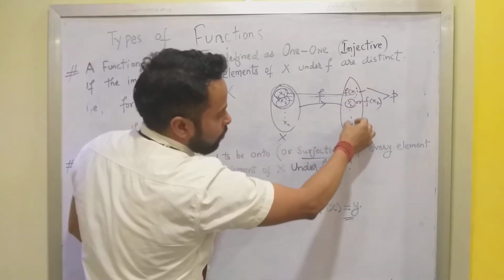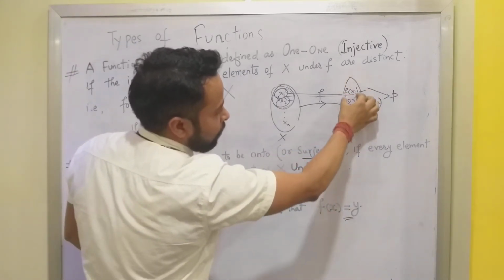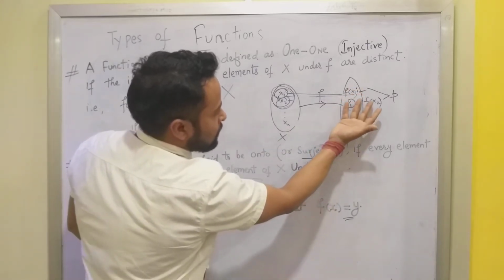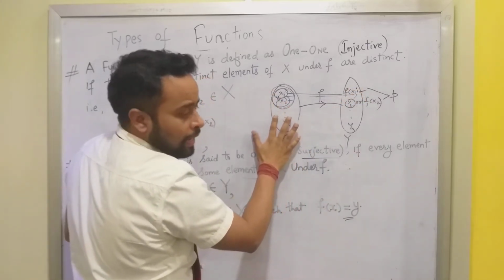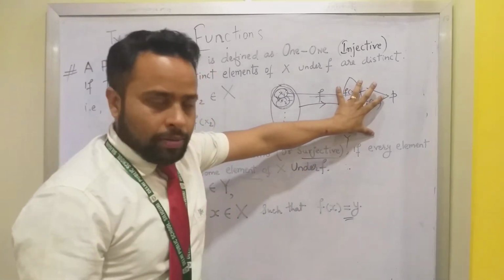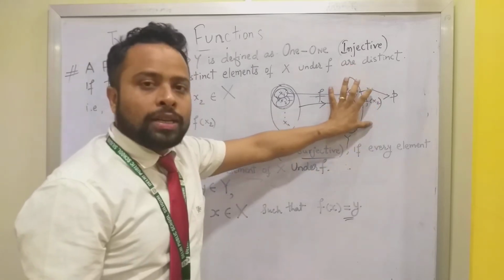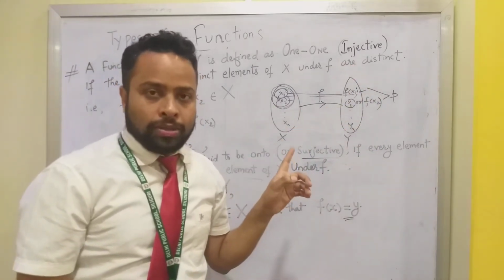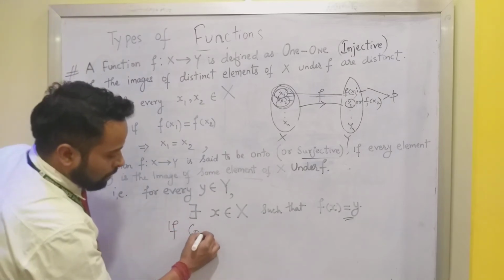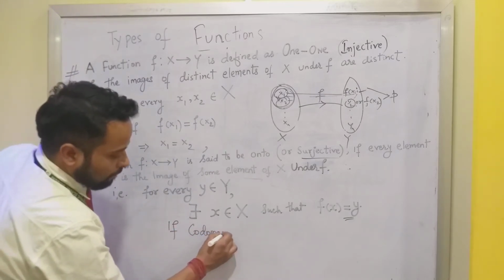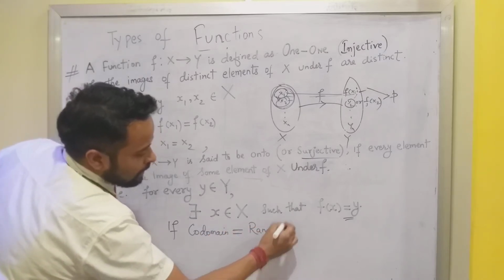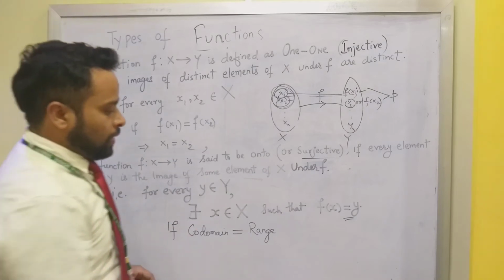All the elements of set y are the images of some element in the domain set x. That means the codomain consists of only the range. If codomain equals range, then f is onto.